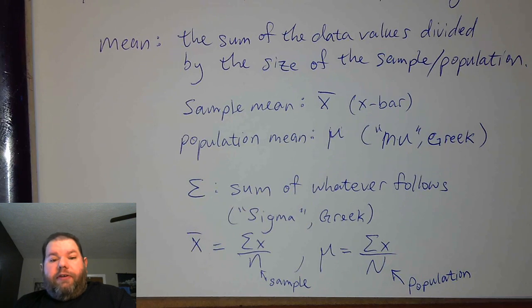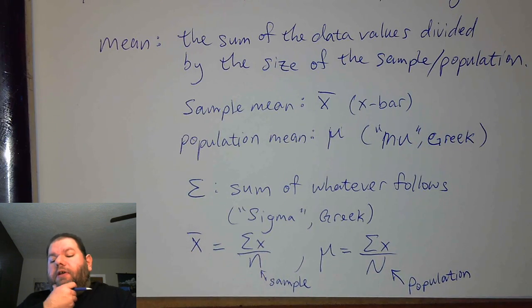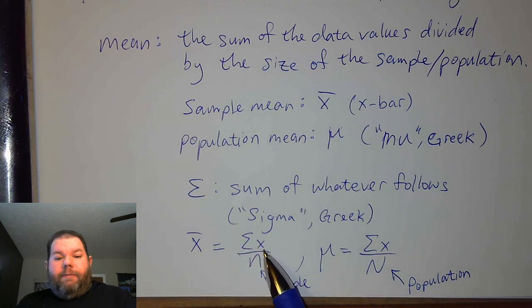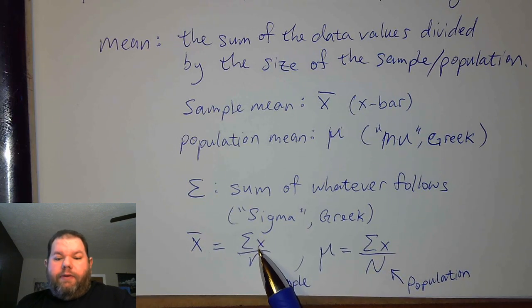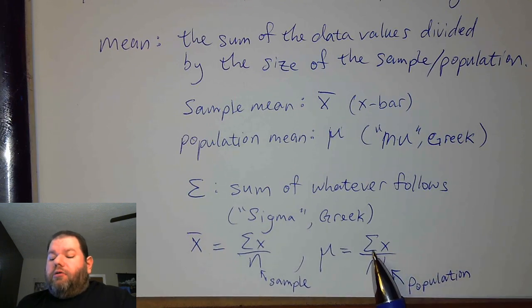So now we're working with the sample mean. We add up the data values, which we generally represent by x. So sigma x means the sum of all the data values, and then divided by the size of the sample if we're working with a sample, or the sum of all the data values divided by the size of the population if we're working with a population.